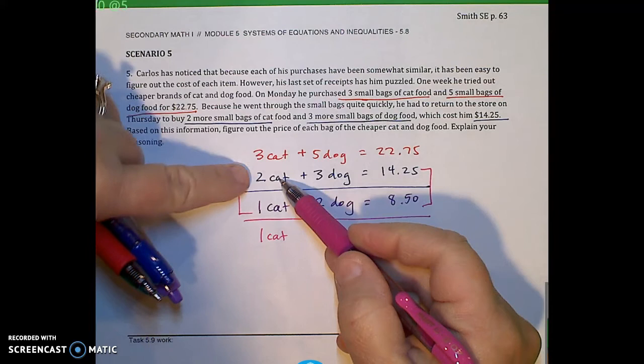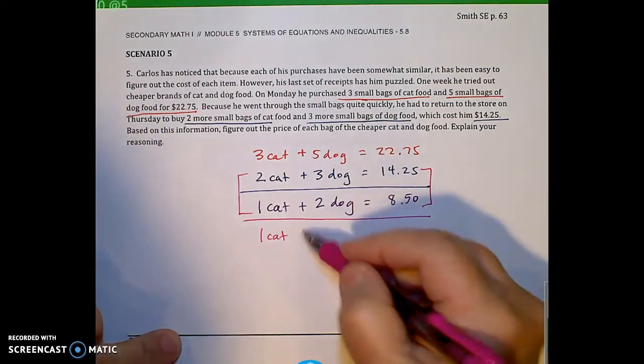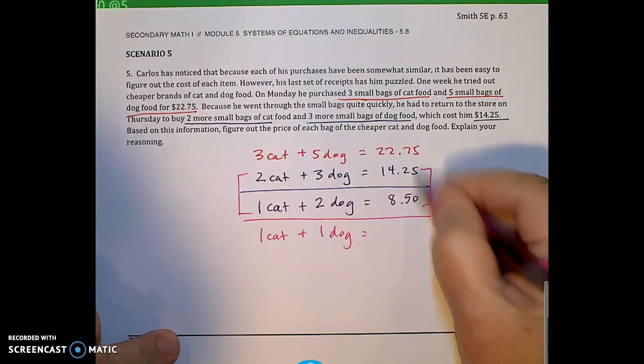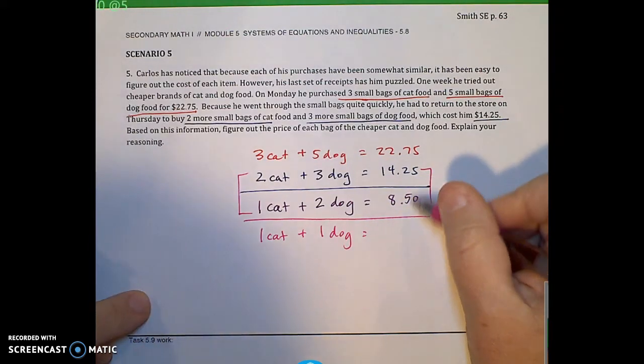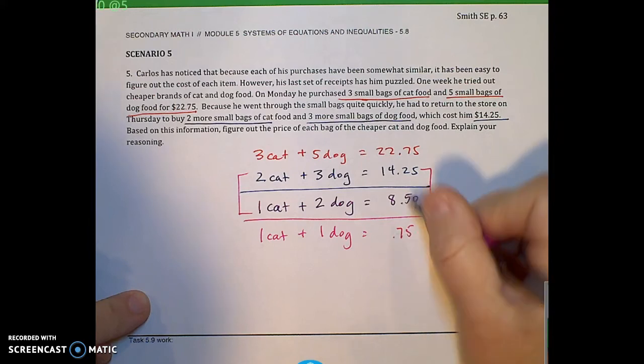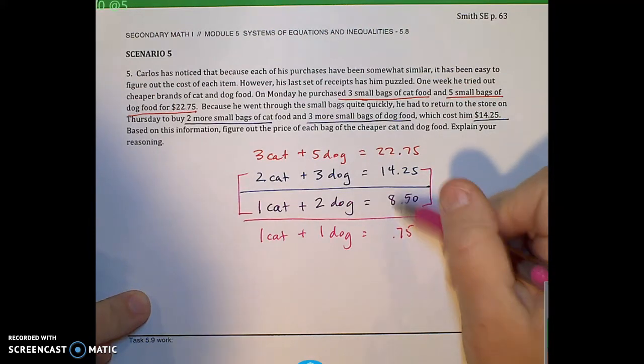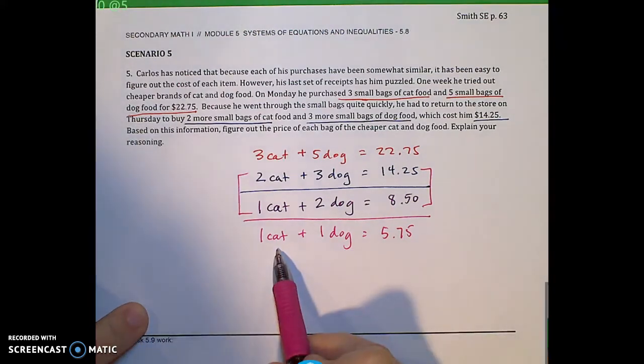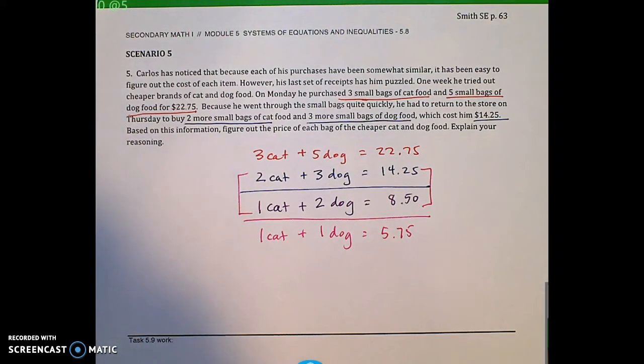So I'm basically just taking the 2, subtracting that 1. And there's a difference here in 1 bag of dog food. And the difference in price here to here is, let's see, 75 cents, $5.75. So I know that 1 bag of cat food and 1 bag of dog food is $5.75.